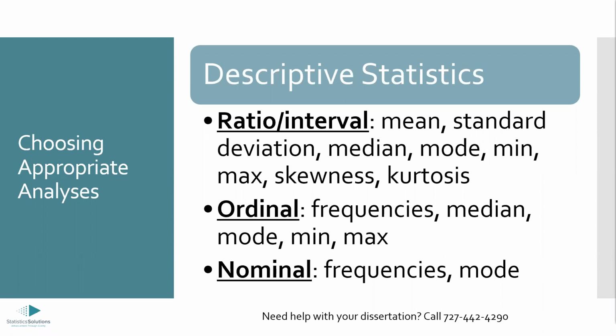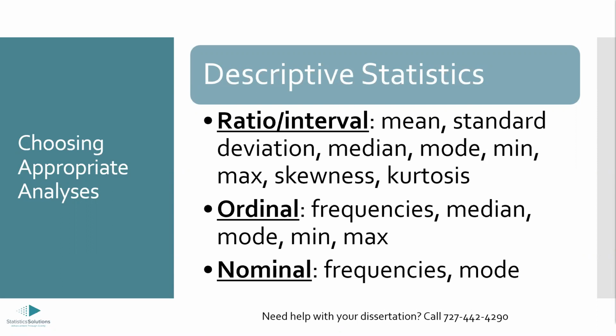You can also report the median, mode, minimum and maximum values, and things like skewness and kurtosis. So you have all of those options available to you when you're looking at ratio and interval data.